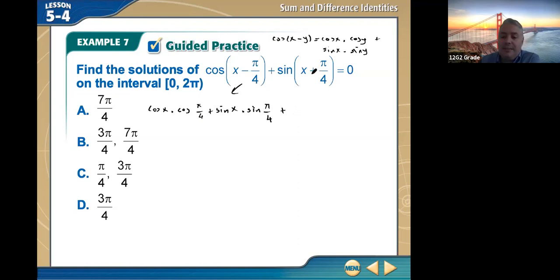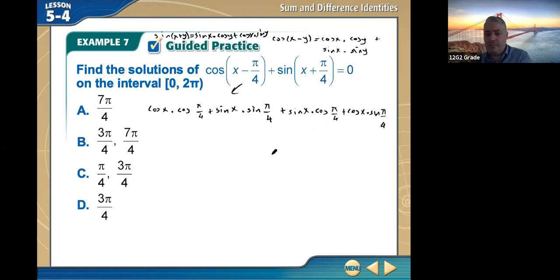Now plus sine of x plus y, the rule, sine x cosine y plus cosine x sine y. So it will be sine x cosine pi over 4 plus cosine of x sine of pi over 4.